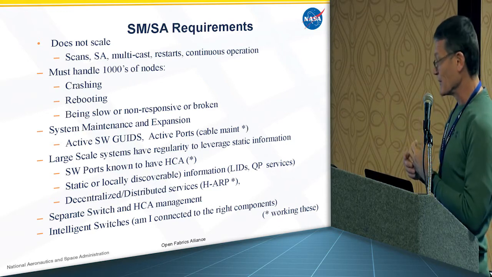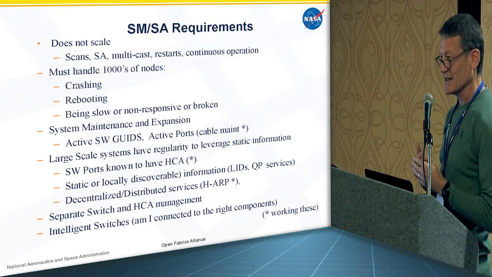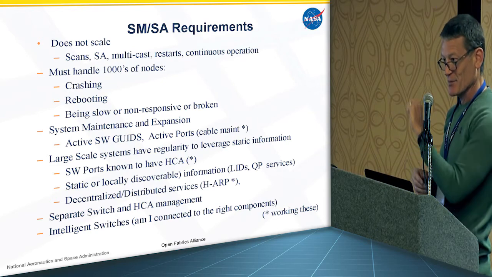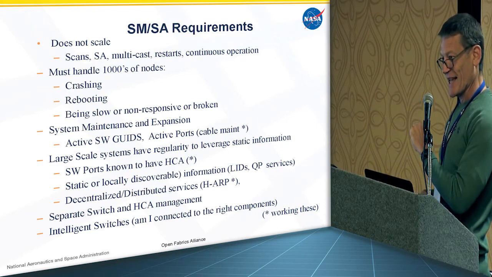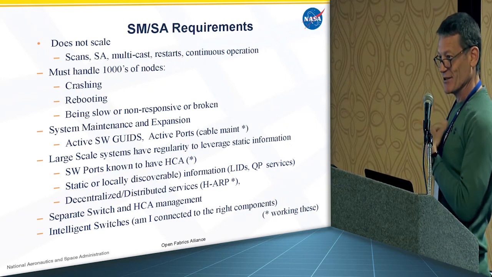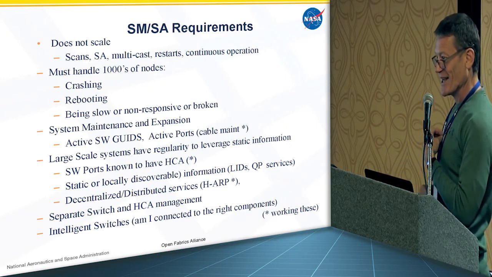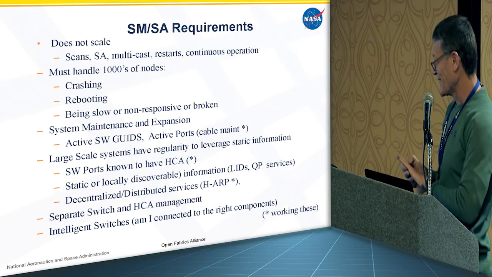It's going to get overwhelmed. It's not uncommon for us to see the subnet manager spit out, oh, I've got 180,000 things in my queue. I'm throwing the rest that come in away, right?